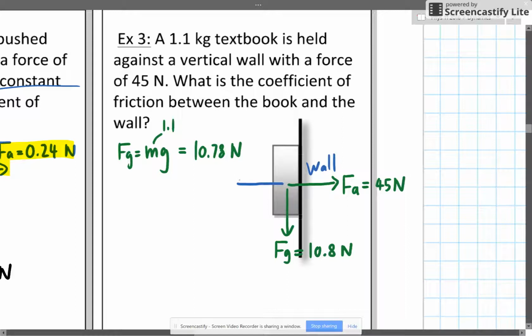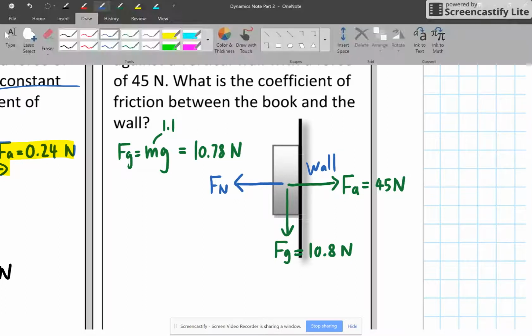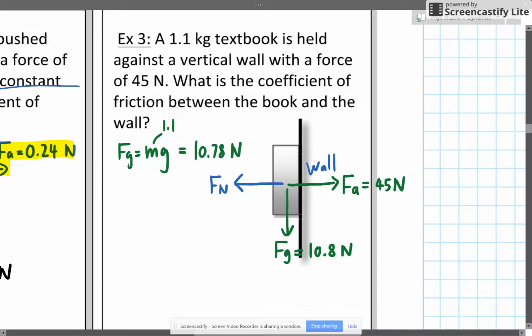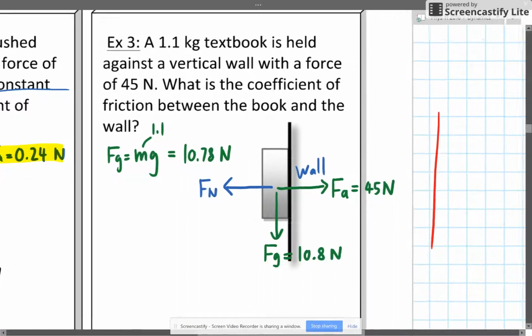Now, where is the surface? Well, we have a surface called the wall. Our normal force is always perpendicular to the surface because of where it comes from. Let's say this is the wall, I'm drawing it on the side right now.